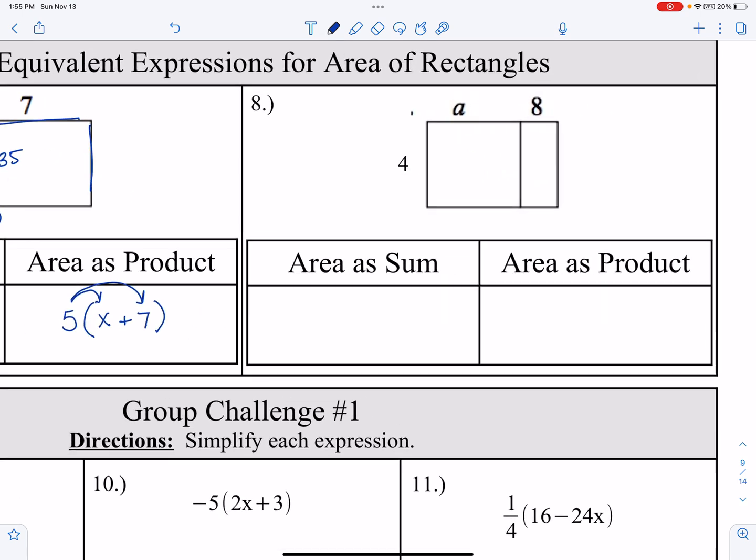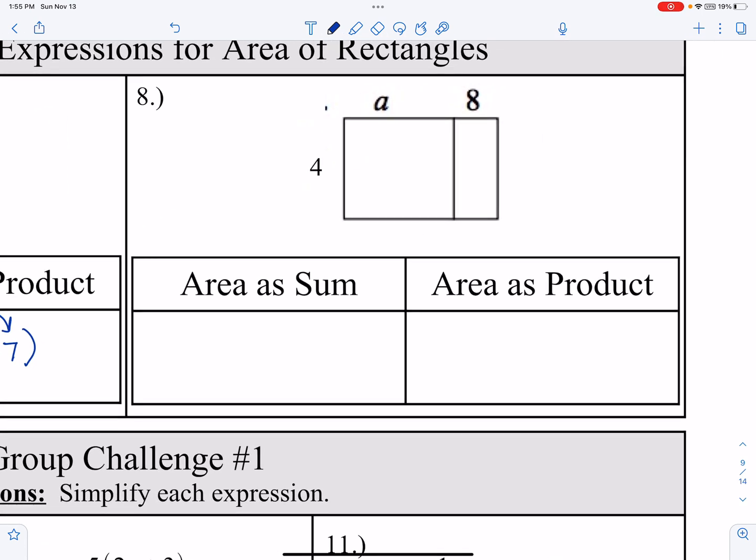So let's look at our next one here. So I have a plus 8 as my length of the top. Okay, and so the area as a product, I know my length times width. I have a 4 times the a, and then I have the 4 times 8. So my 4 is on the outside. I'm multiplying by the a plus the 8.